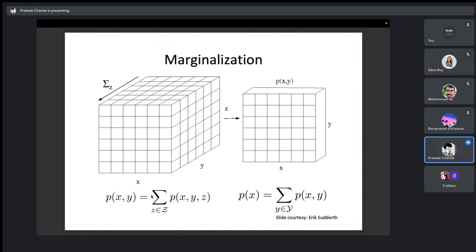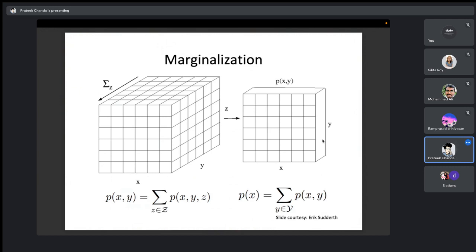First, I marginalize over the entire z-axis, so from the probability of x, y, z, I get the probability of x, y. From a 3D structure, I get to a 2D structure, and now I just want the probability of x only. So I again marginalize with respect to y, and I get a 1D probability of x only.